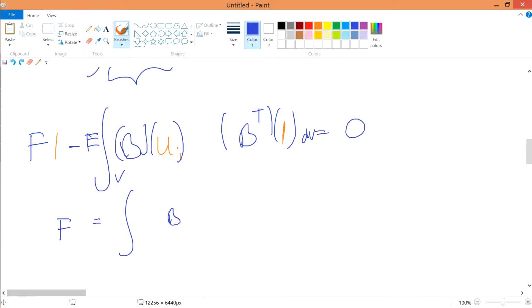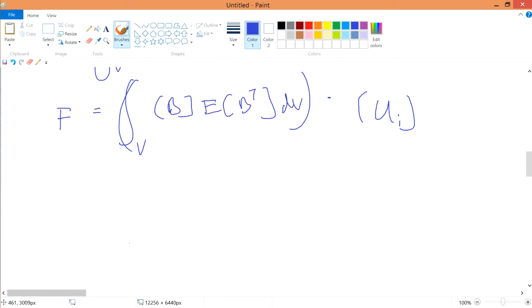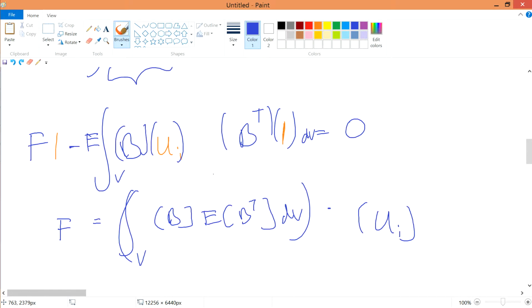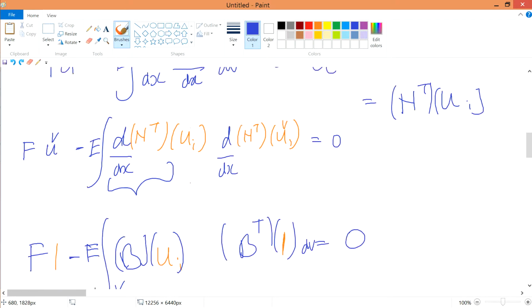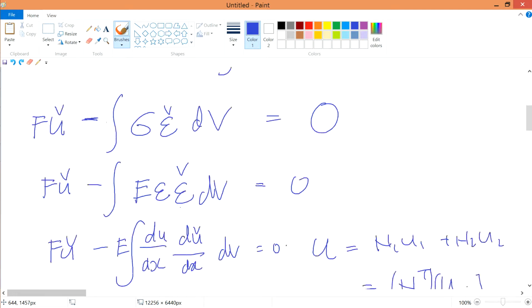I would have B, and then E, B transpose, dV, multiplied with u_i. So this whole thing over here is your stiffness matrix K: integral of B E B transpose dV. So this is some form of derivation for your bar. At least you get to see how the virtual displacement actually helps you to do this.